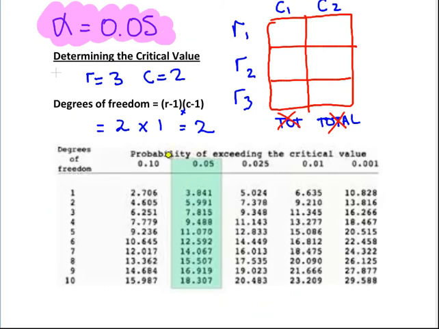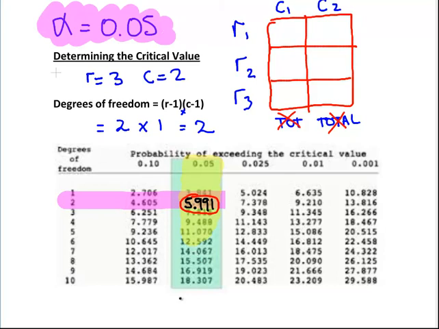So what we do here is we go to degrees of freedom is 2. And we go along the row where we have the significance level of 5%. The answer we are looking for here, and it's a little bit faded just because of the way I've done it, is 5.991.